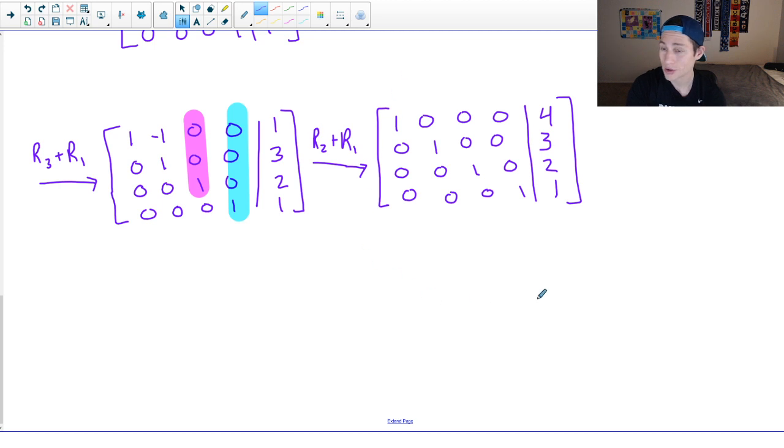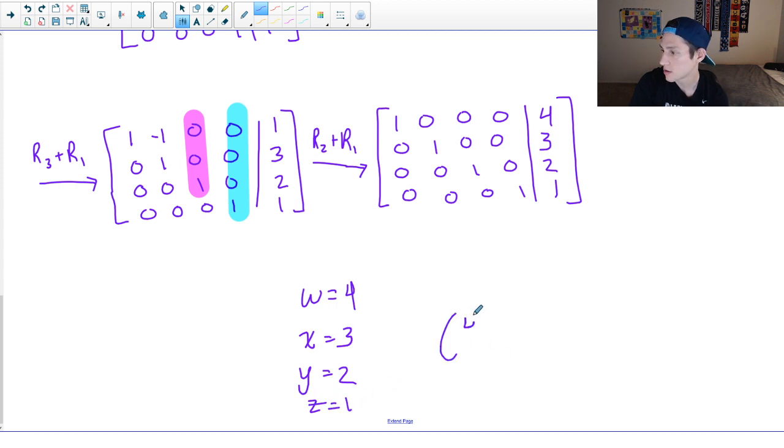This is now in reduced row echelon form. So now I should see that my right column here is all my answers. So W is 4, X is 3, Y is 2, and Z is 1, or 4, 3, 2, 1.